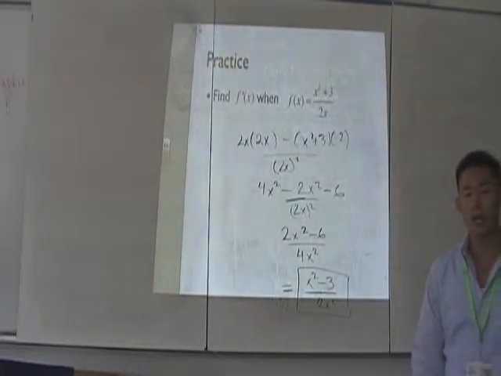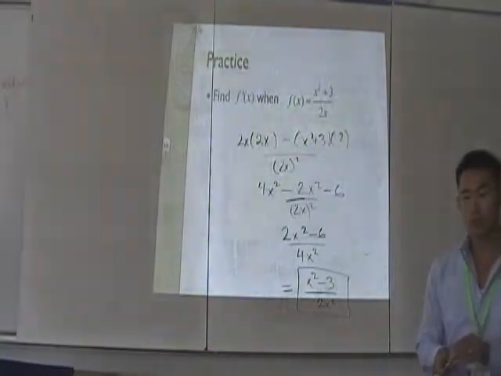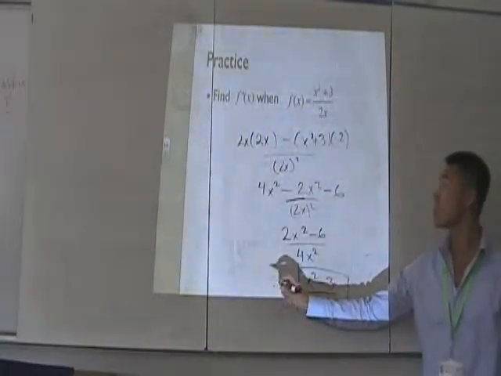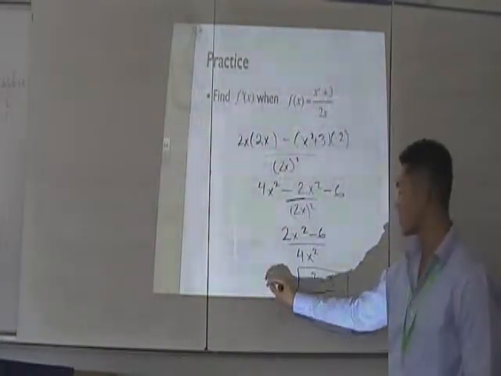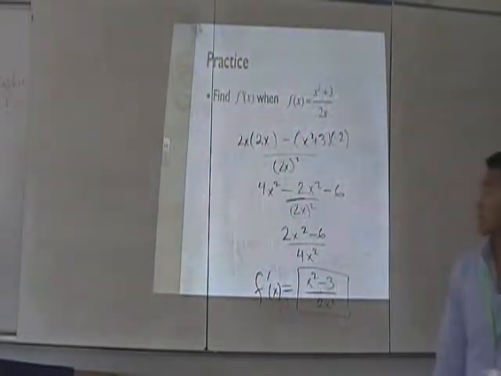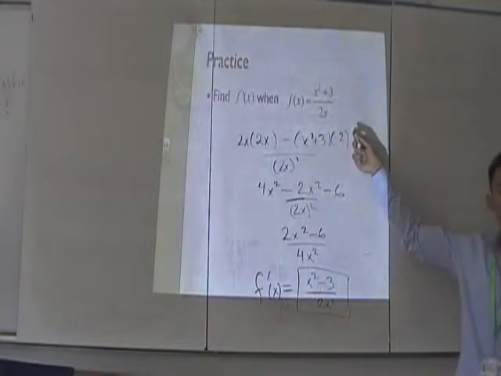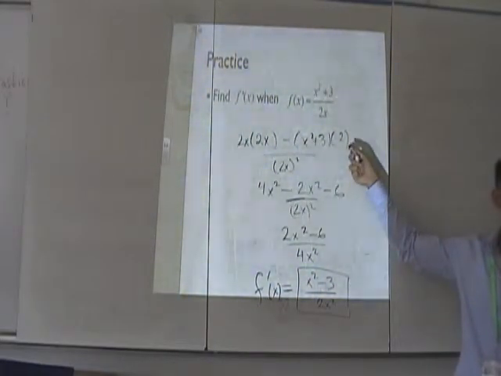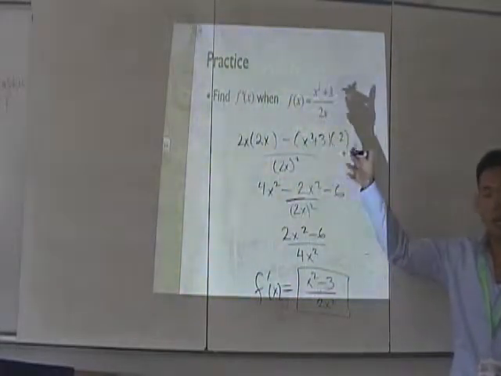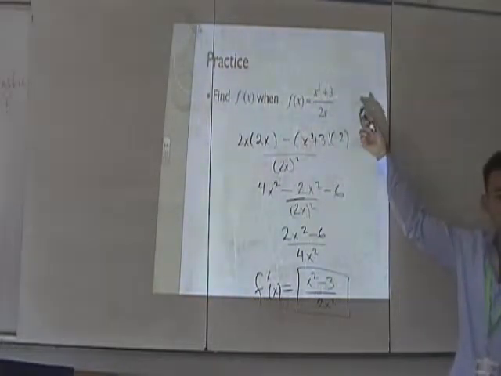The only thing I'm going to ask you to do that Aaron did not do is something like this. Because you're not just simplifying from here to here, but it's a completely different equation. Now if it said simplify and then you just wrote equal, that's okay, because it's equal to the original equation.